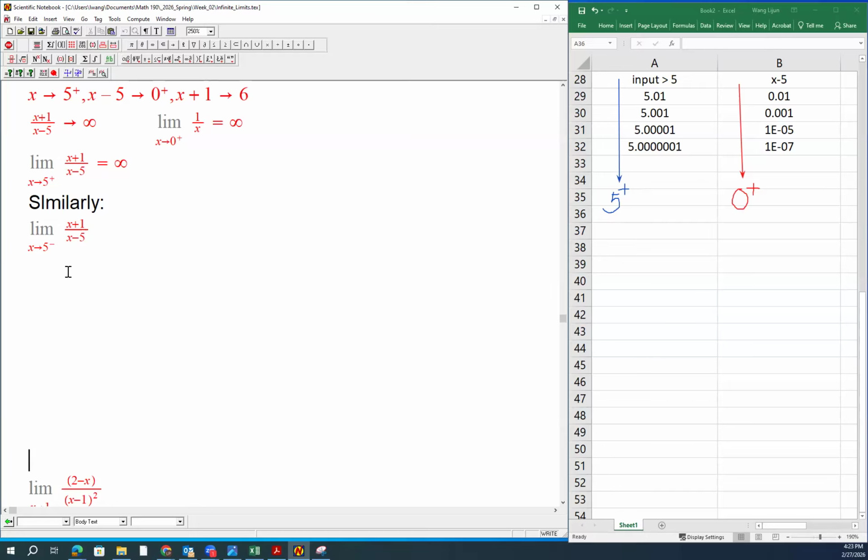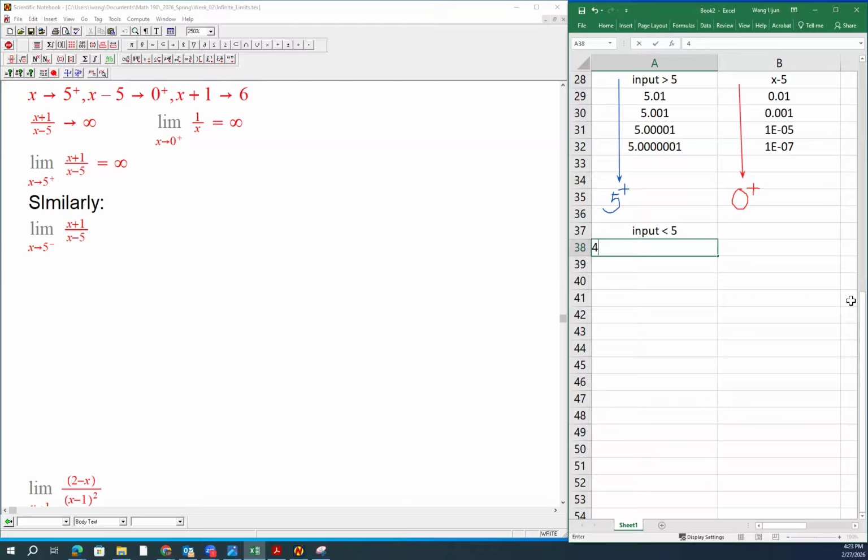If x is approaching 5 from smaller than 5, what will happen? So we talk about inputs smaller than 5 and approaching 5.